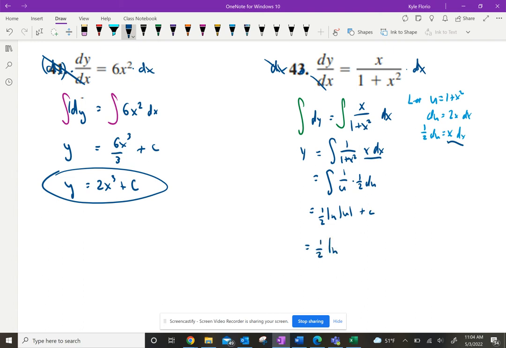And the function is 1 plus x squared plus c. And I took out the absolute value just because I happen to know that 1 plus x squared is always going to be positive no matter what, because x squared is going to be 0 or bigger plus 1. So this will never be negative, so I don't need to take the absolute value of it. And there's the general solution.